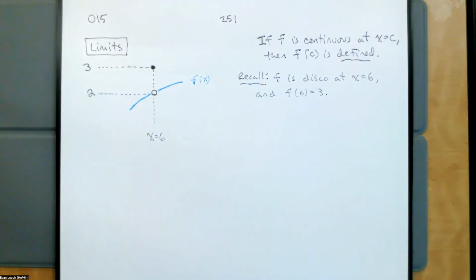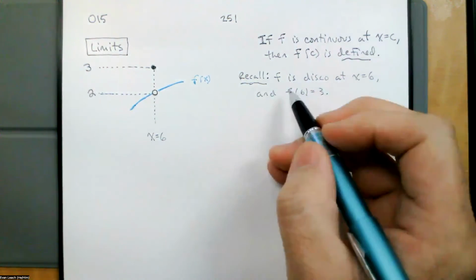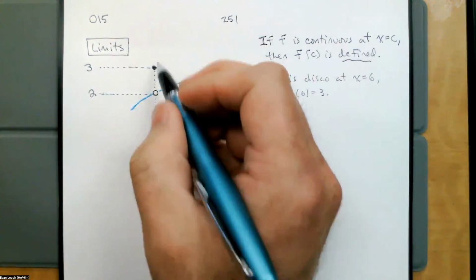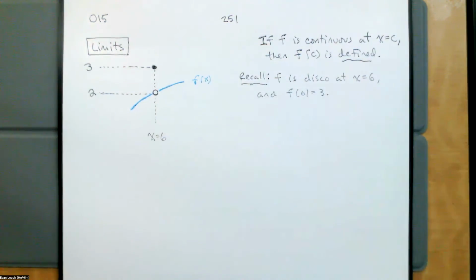So there was another problem. When we look at what the function is doing near 6, the function near 6 is headed towards 2.